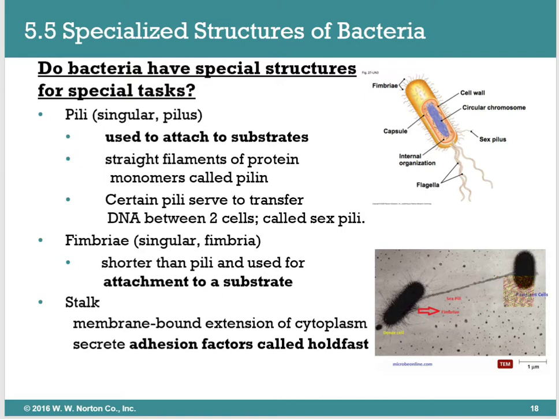It formed a pili with this receiving cell. So this is a sex pili. Once it replicated the DNA over here, it's going to transfer it to this recipient cell that didn't originally have it. So it's kind of like a file transfer, like transferring a file from computer to flash drive.